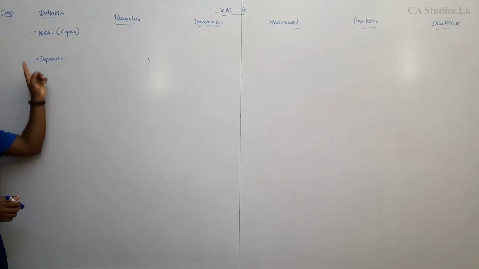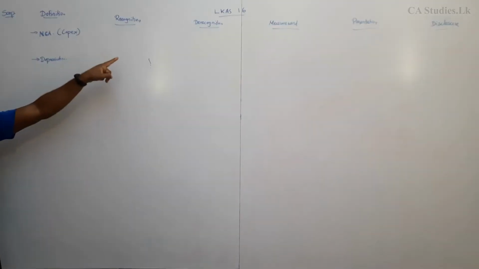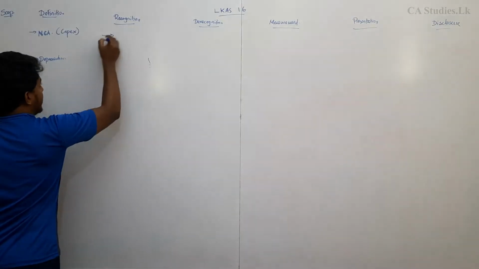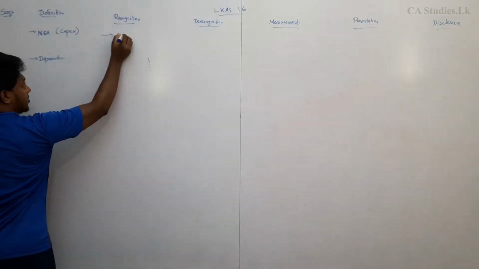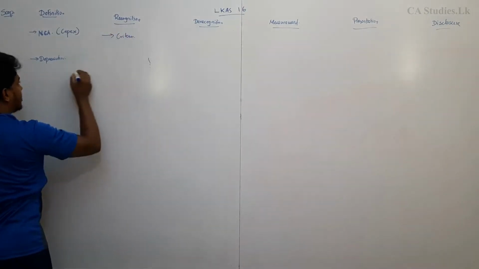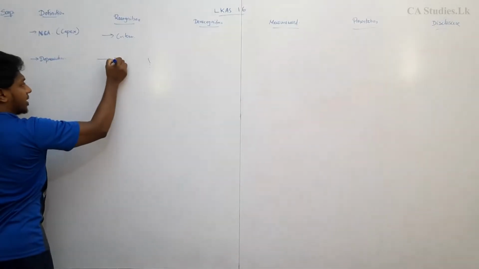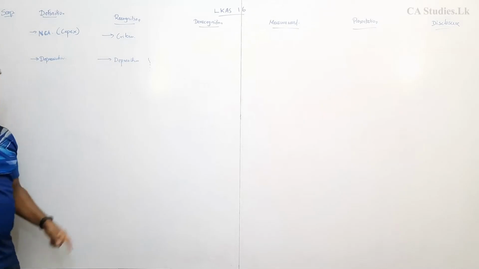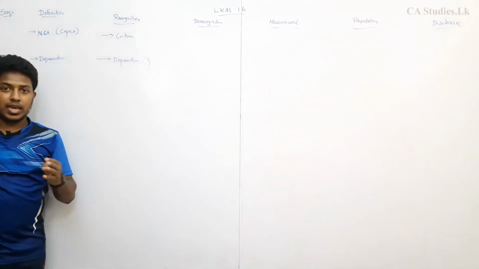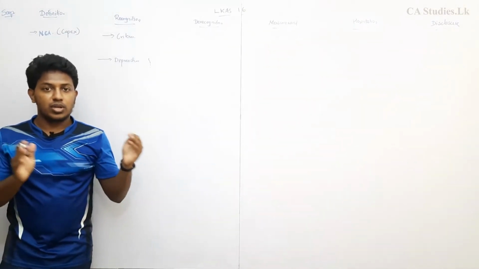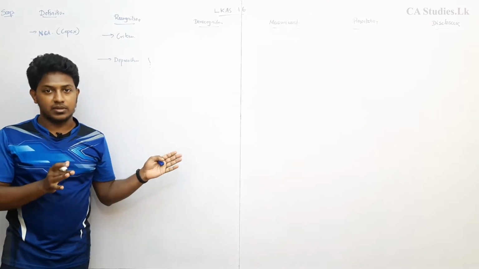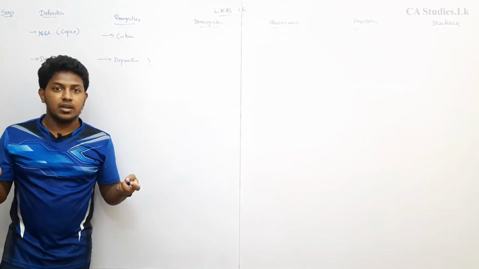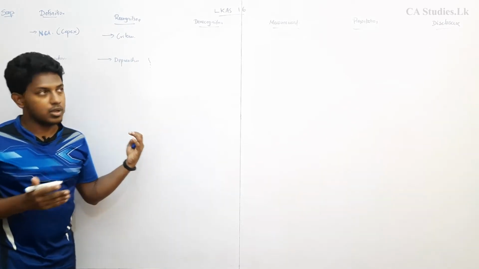Now recognition: how to recognize the non-current asset in the financial statements. What is the criteria for recognizing the non-current asset? What is the criteria for recognizing the depreciation? Then derecognition: how we can derecognize the non-current asset from the financial statement, when it should be taken out.